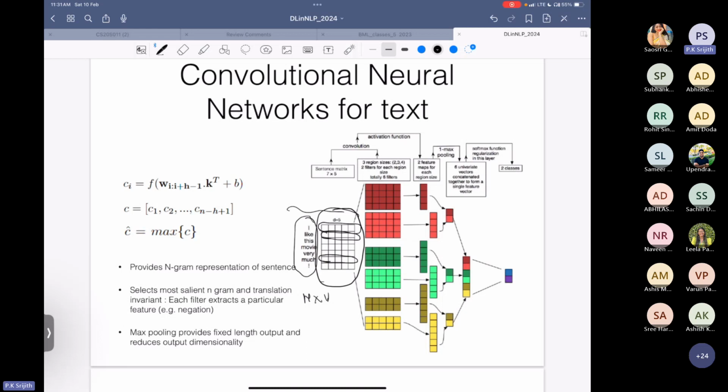But when you apply this filter over the input representation, do you think any size filter can work here or would be meaningful here? Can I just simply use a 2x2 filter here or a 3x3 filter here?